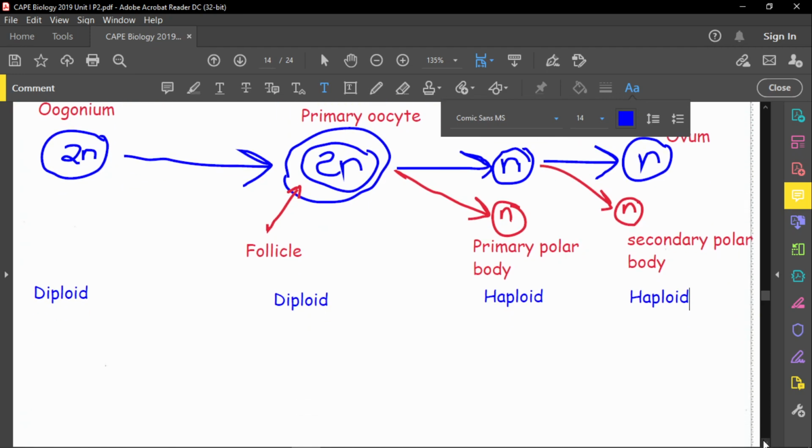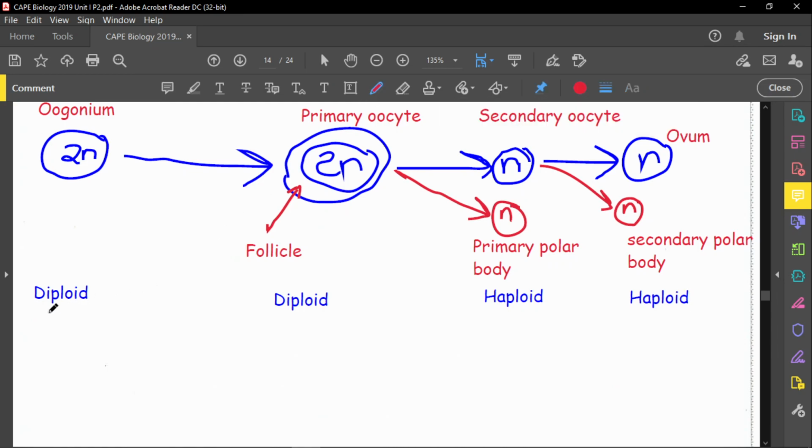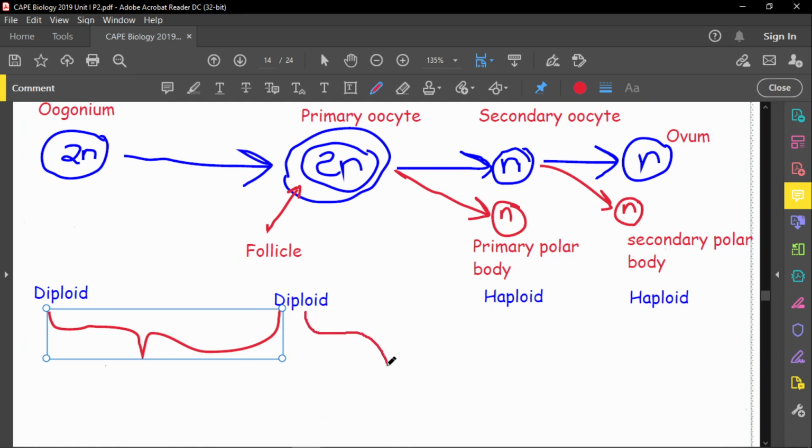I'm going to put the meiosis part into it just to make it clear. And so what I want to point out right here is that these two cells coming from the oogonium into the primary oocyte are produced by mitosis. And so here, coming all the way down, we're going to have meiosis. All right, so let's just put those in.